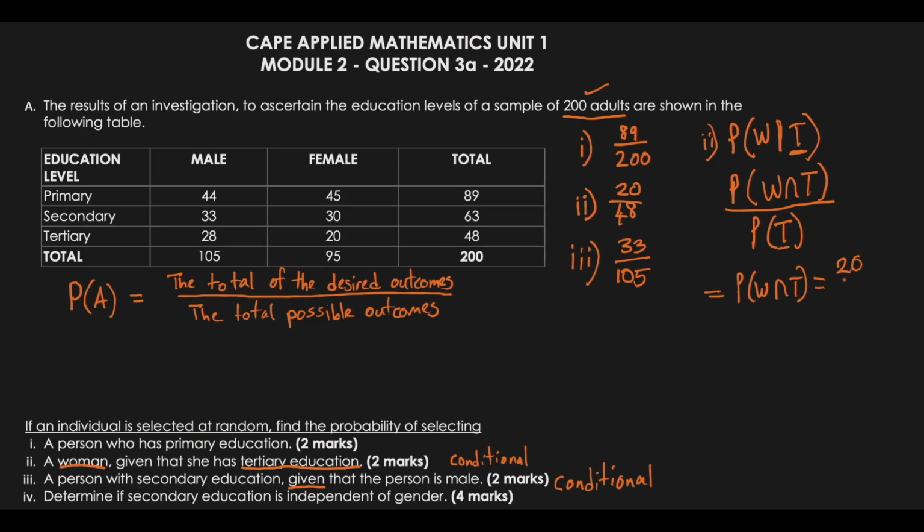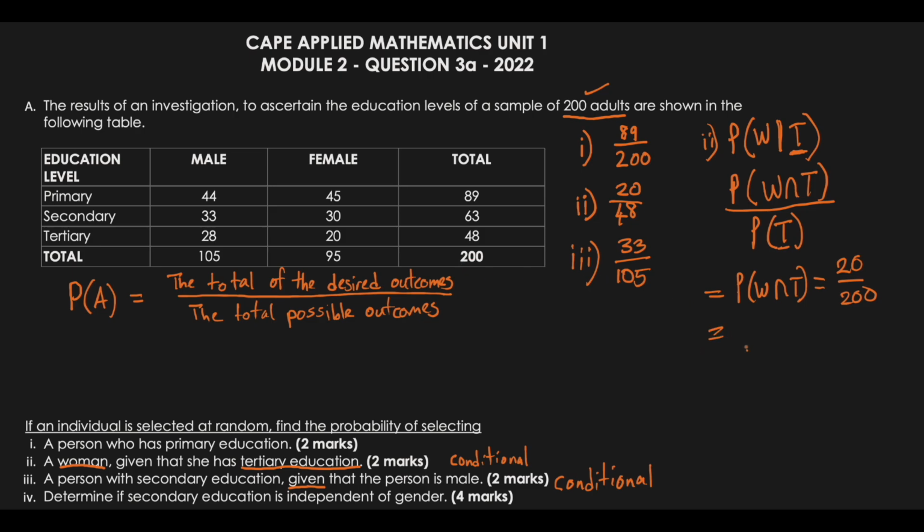So that would be 20 out of the total number of people. If we go to this random pool of people, both males and females, and we're picking someone randomly, the chances of us selecting a woman that has tertiary education would be 20 out of 200, because we have 20 women who have tertiary education, and the total possible selections we could have made out of the entire group was 200.